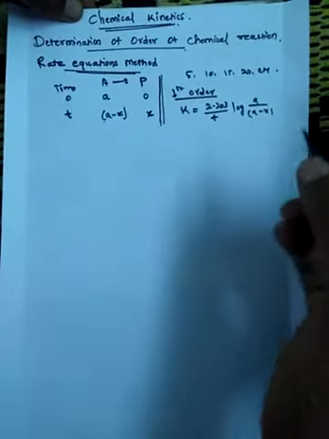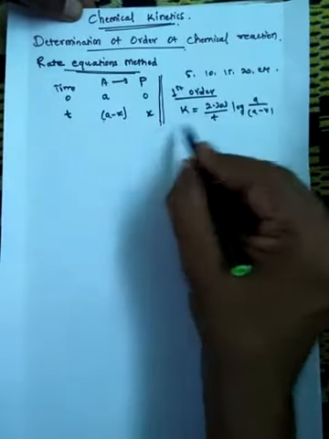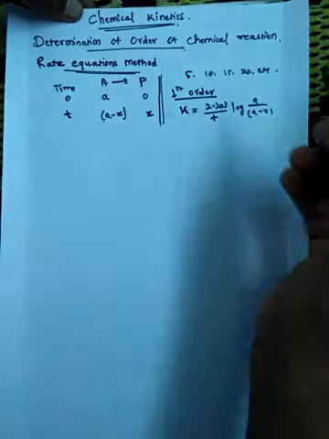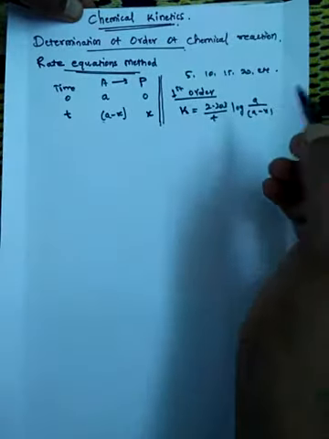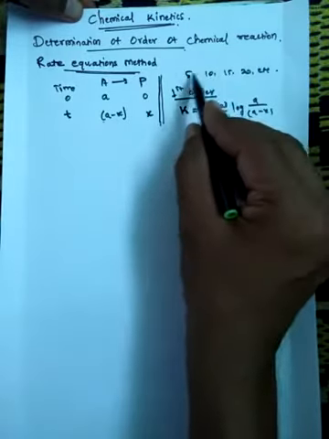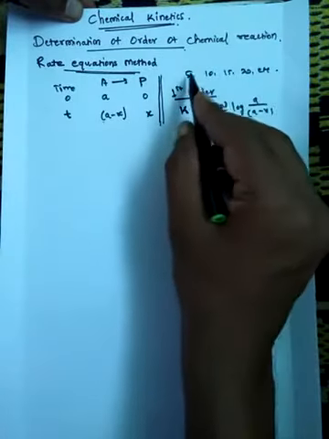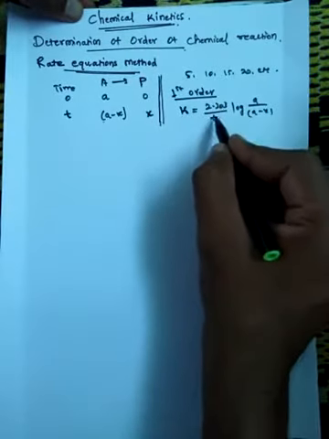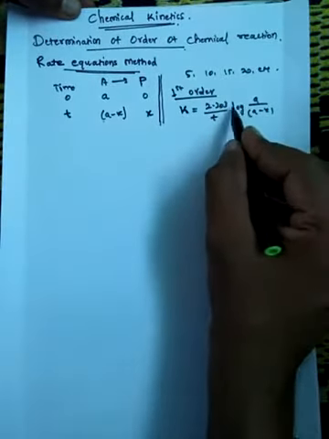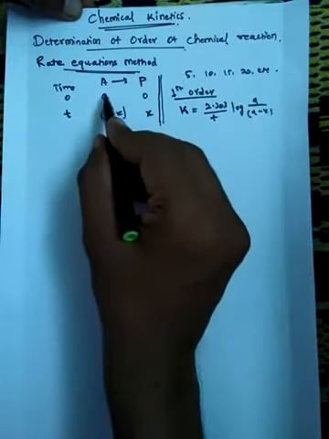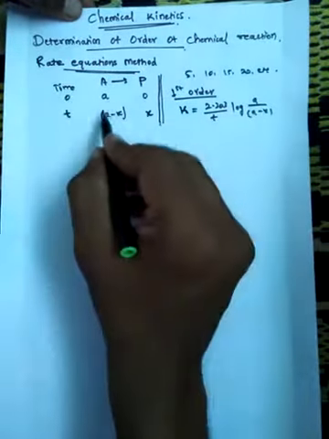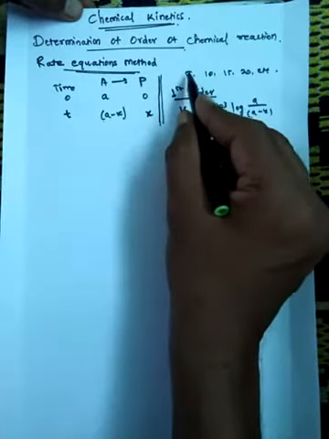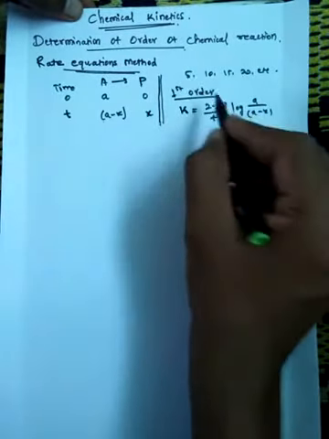So here I will find out k value at various time intervals. For instance, I will substitute here 5 and logarithm a, where a is my initial concentration, which is known, and a minus x is the concentration of unreacted molecule at the 5th minute or at time t.